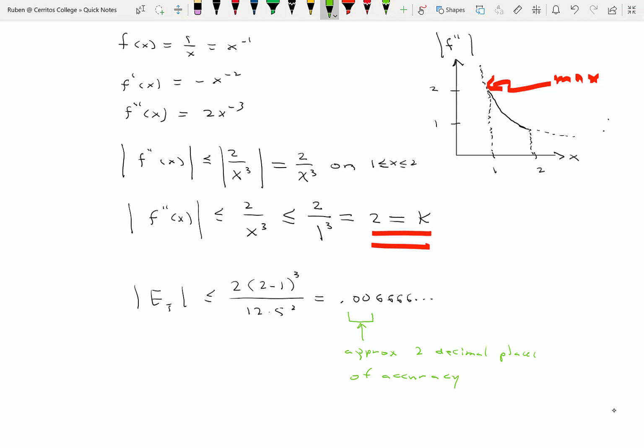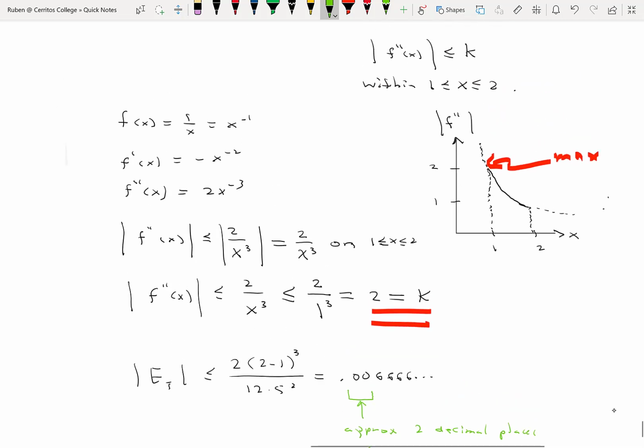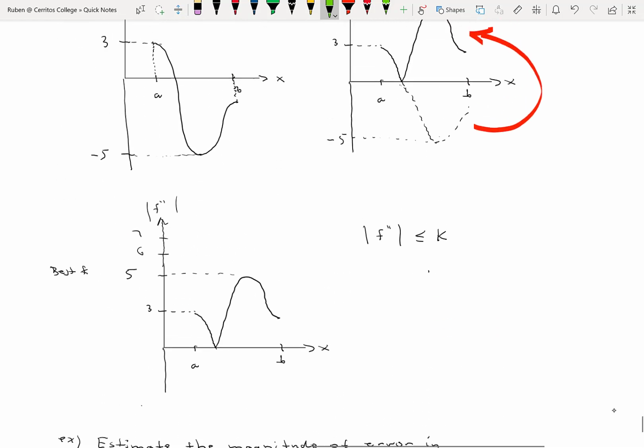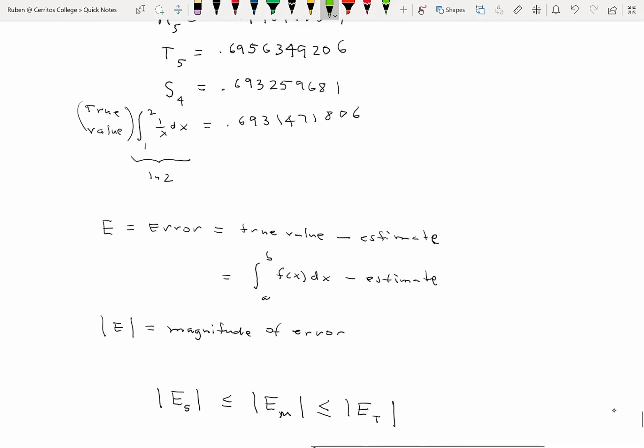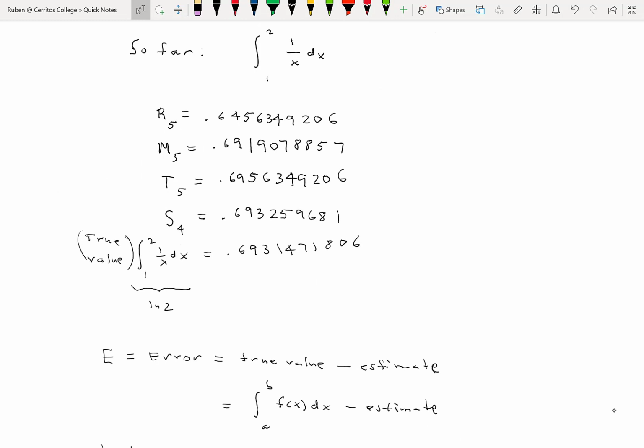Okay. Now let's go back to the beginning of the video. So watch your eyes here. I'm going to scroll way back up to the very beginning. Concentrate now on the trapezoid rule that we looked at. That's T5. That's the estimate compared with the true value.